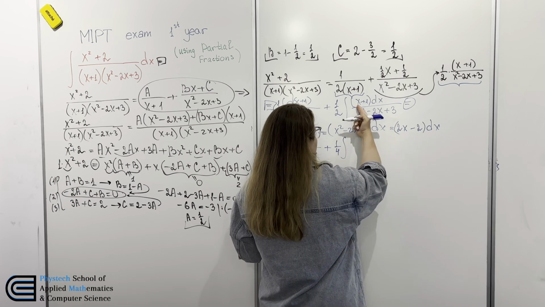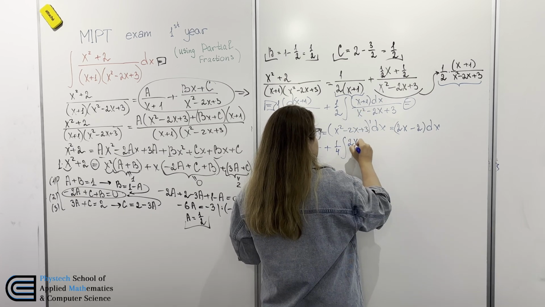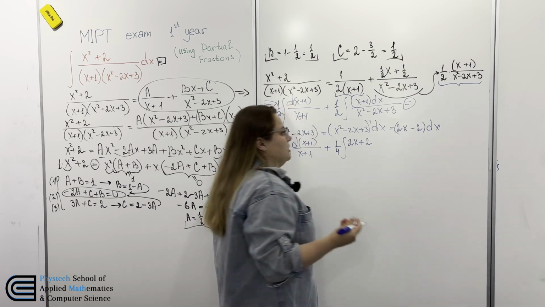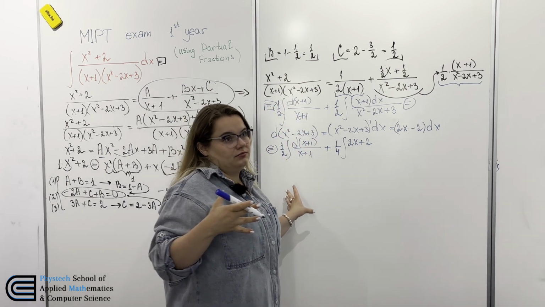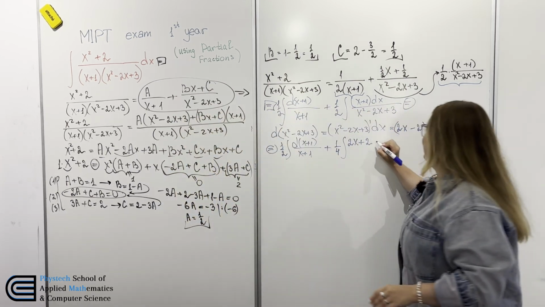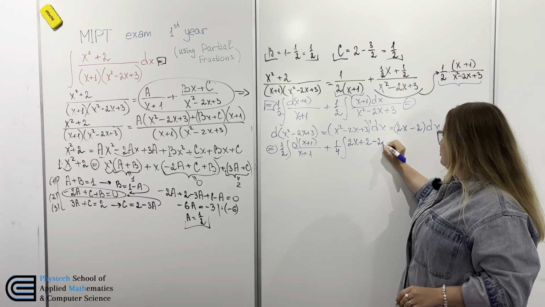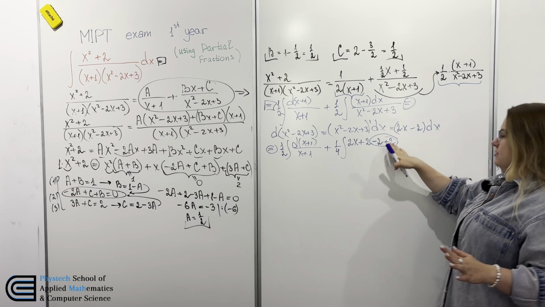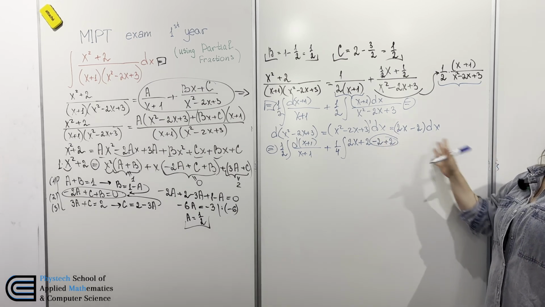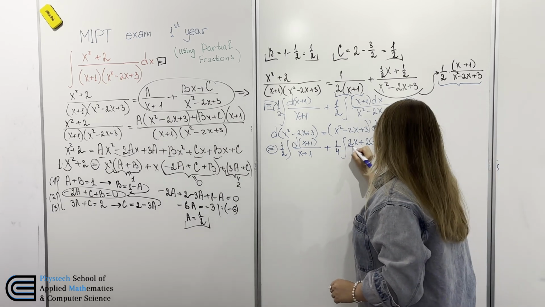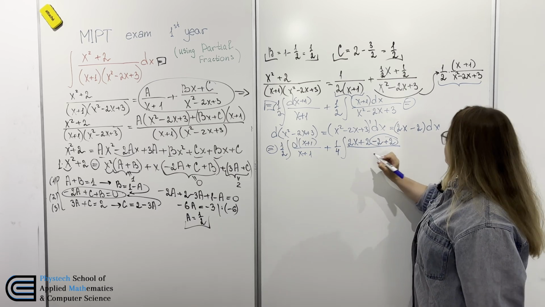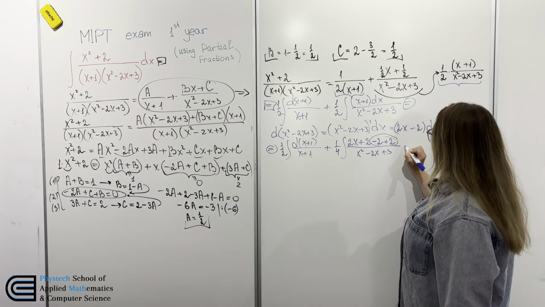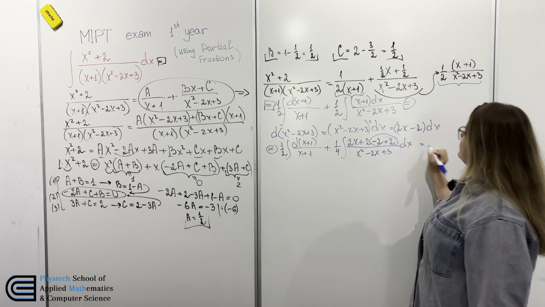Then here will be 2x plus 2, but we want to have minus 2 here. So we write minus 2 and plus 2 again, because this sum equals 0, so we shouldn't change our line. And here we rewrite our denominator and, of course, dx.